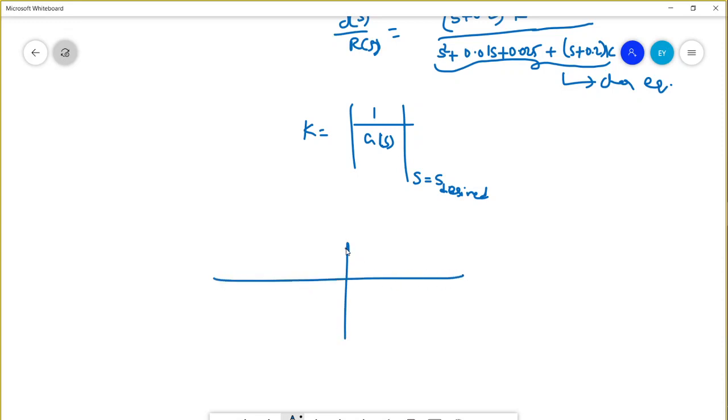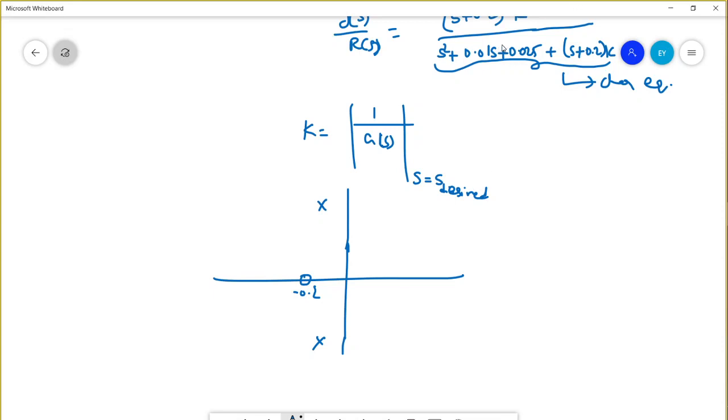I'm just writing the root locus directly. After getting the root locus, this is one pole, here is one pole, and you have a pole at minus 0.2. Then you have another pole here. You have only two poles, and it's second order, right?